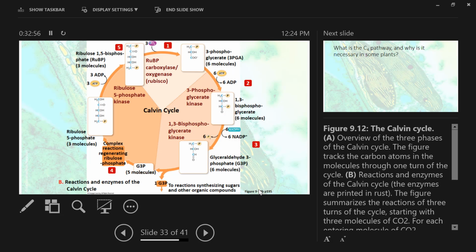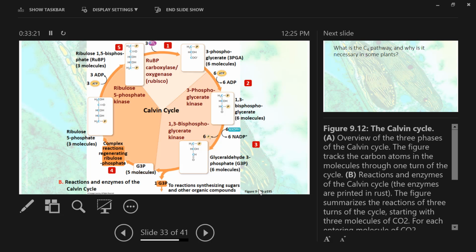Here's some more diagrams. It's basically the same thing. Are there any questions about the light-independent reactions? So if you were asked, on a hypothetical exam that may or may not come 2 weeks from Monday, to give the 3 steps of the light-independent reactions, how would you answer that? What are the 3 steps?